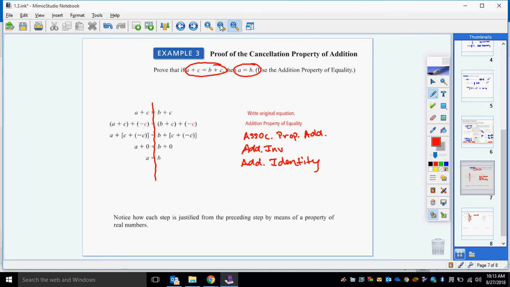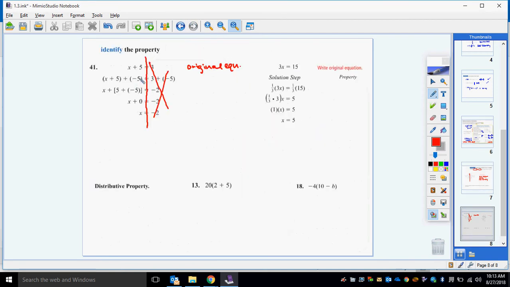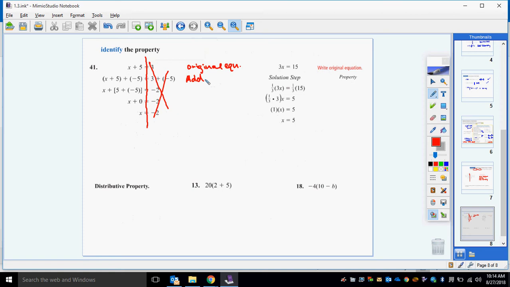It was called the addition property of equality. You can add the same thing on both sides and it stays equal. And that's what they did. They added the negative 5 on both sides and they still wrote the equal sign. So this was the addition property of equality, and we're just going to abbreviate that. Addition prop of equality.